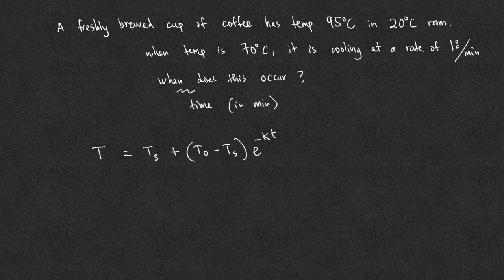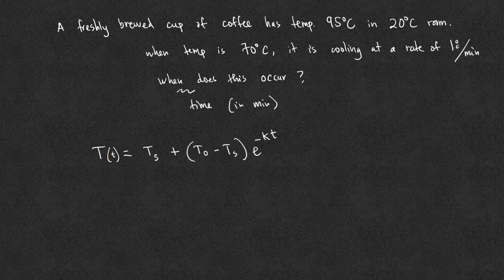This is the temperature as a function of time, so this is T of little t. The capital T represents the temperature in degrees Celsius, and the little t represents the time in minutes.